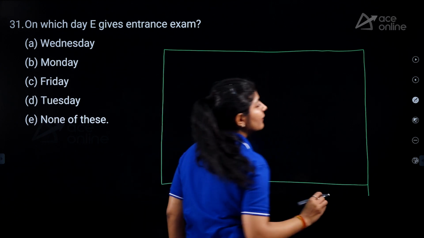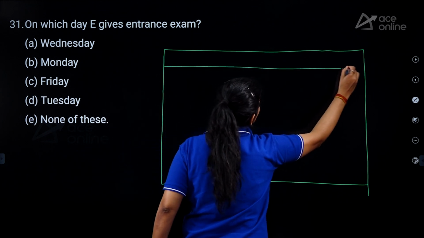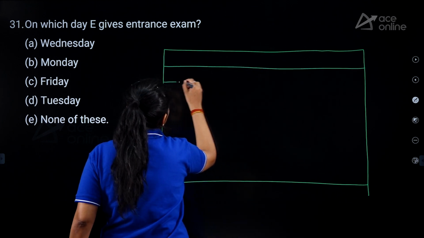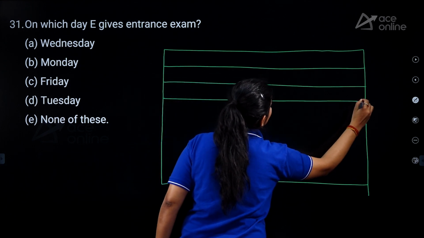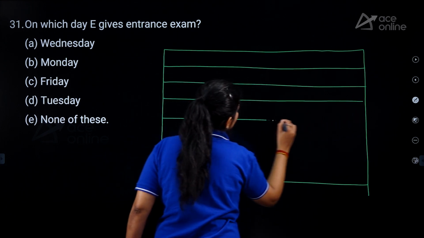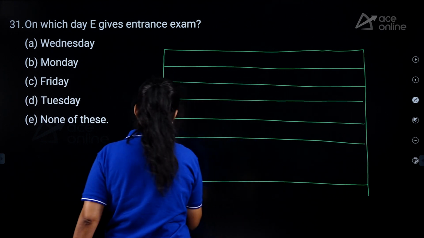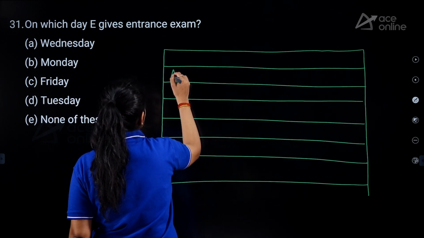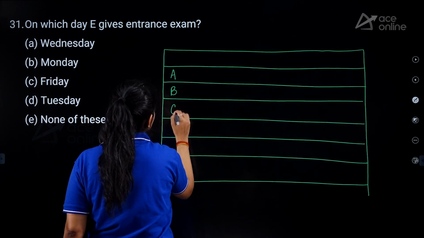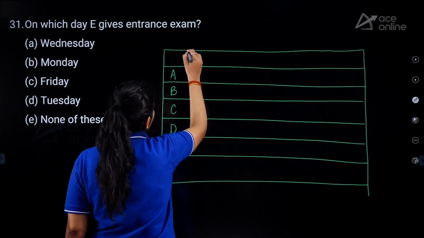I am just solving it with the help of a table because it gives us more accuracy and we can solve it in an easy manner. So here we are having A, B, C, D, E, F, right?